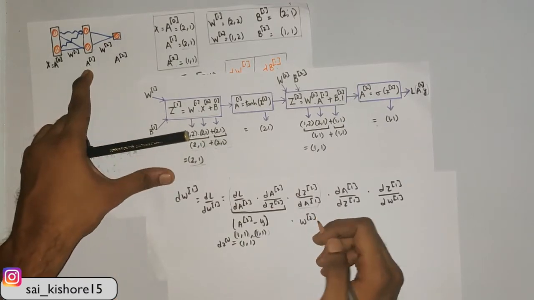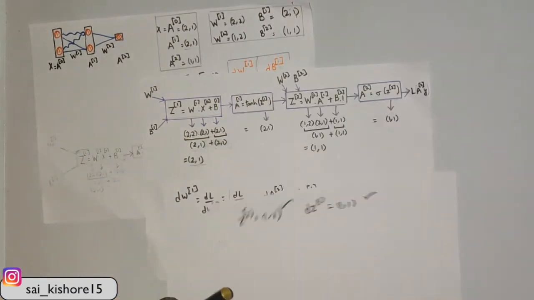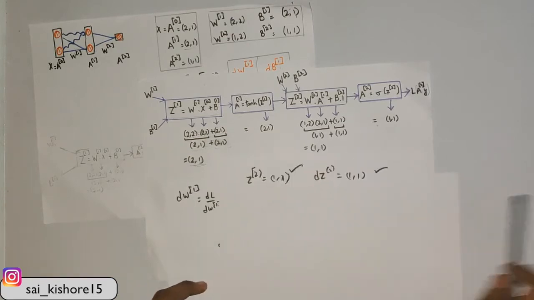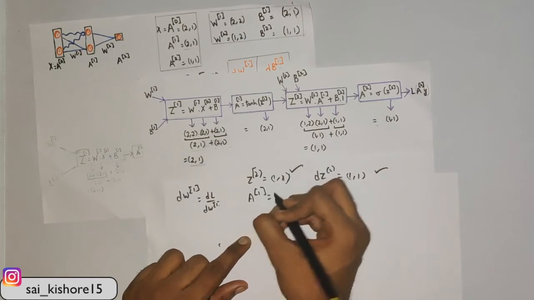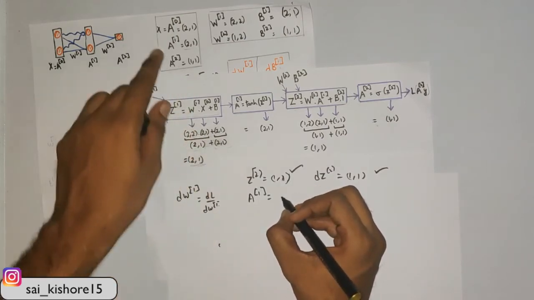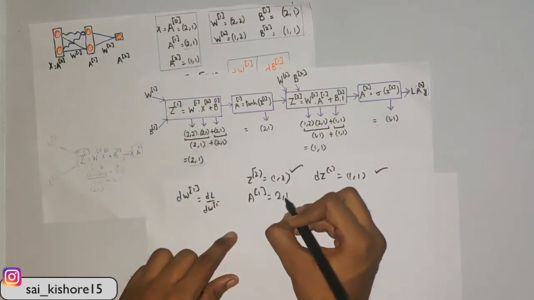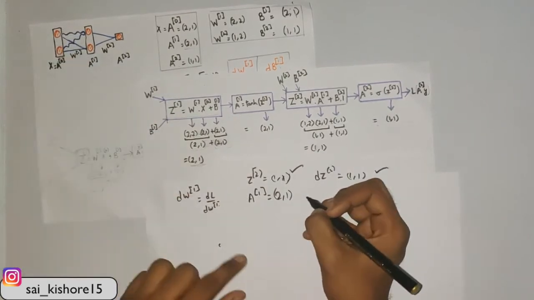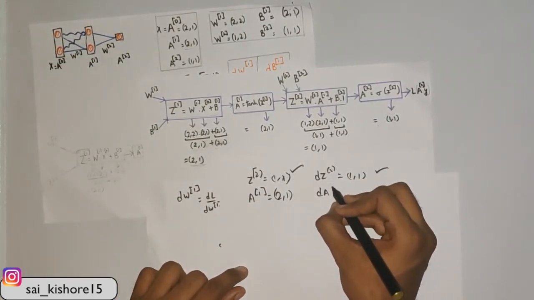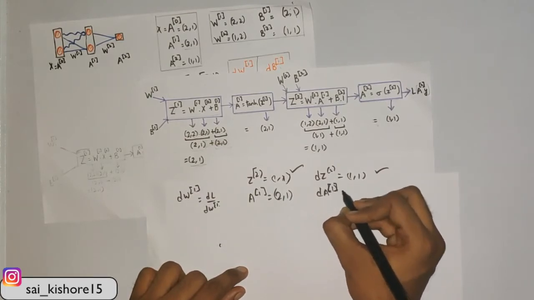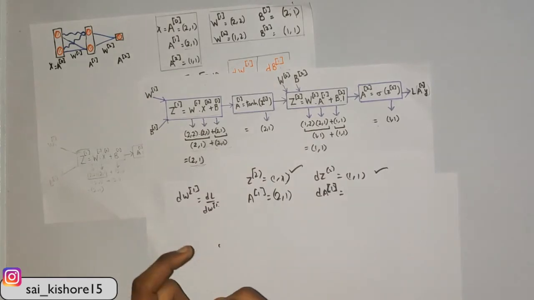Alright, so we take the shape of activation of 1 from here, 2 and 1. Now we are about to compute the shape of dA1. This should be in square brackets. We haven't computed it yet.